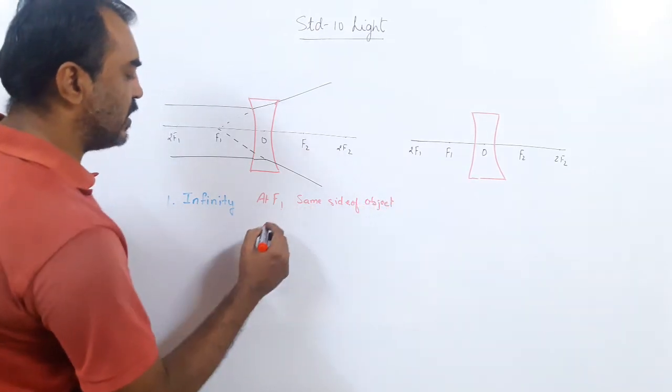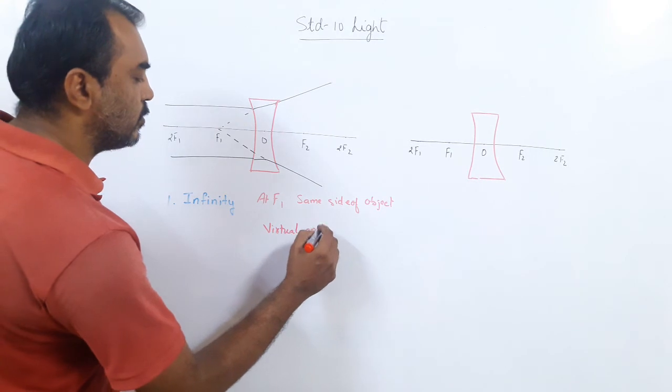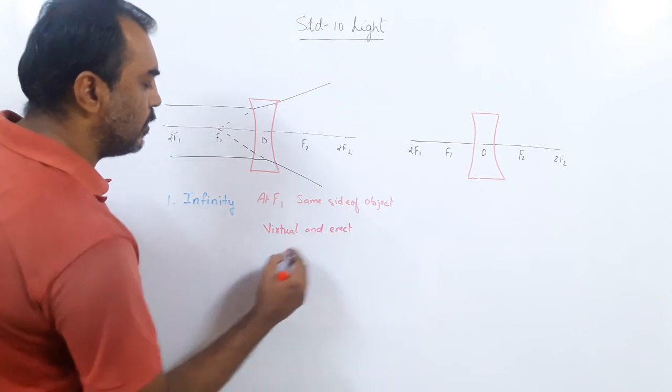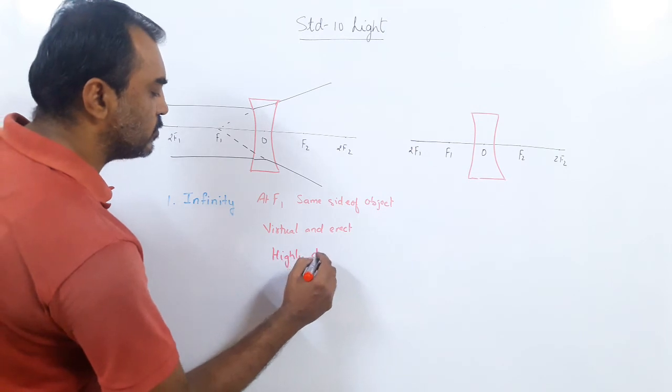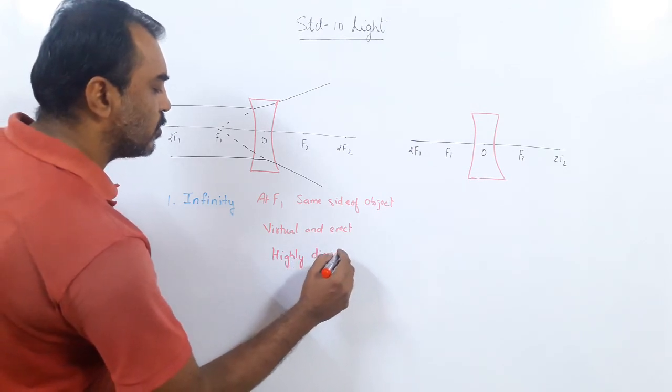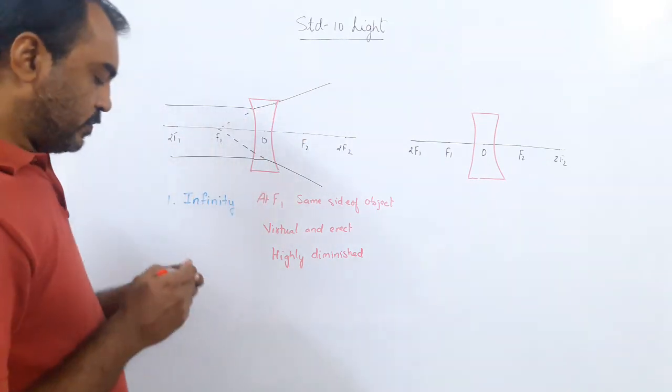Because it is on the same side, it will be virtual and erect and highly diminished, means very, very small. This is when the object is at infinity, the rays will diverge up here.